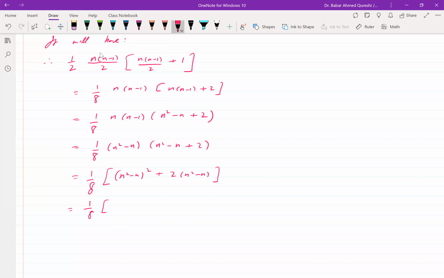So finally I get n to the fourth minus 2n cubed. I get an n squared from here, and a 2n squared from here, plus 3n squared and minus 2n. So these many independent components.